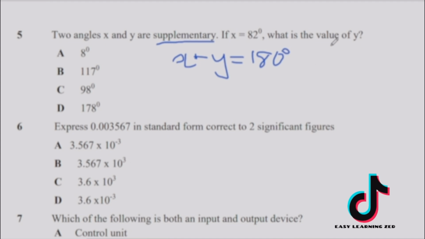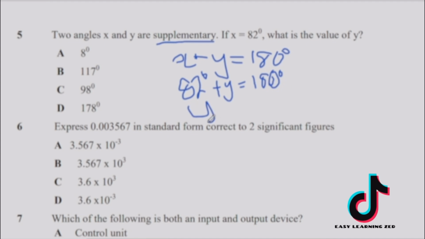So we have been given the value of x, which is 82 degrees, then plus y will give us 180 degrees. Sorry, this is not x, this is 82. Then we put like terms together.